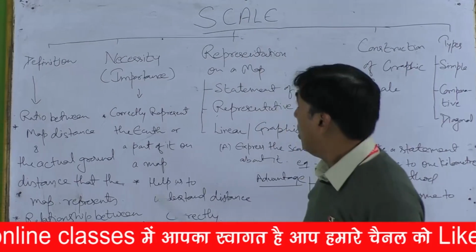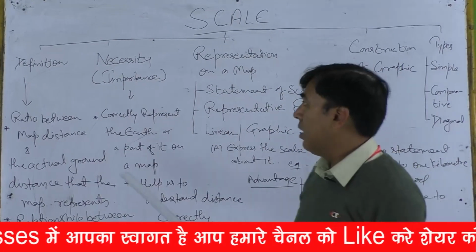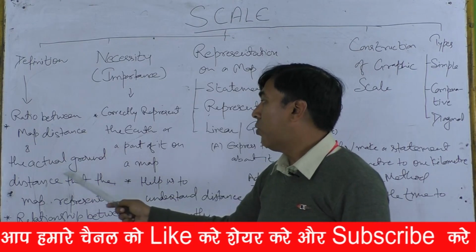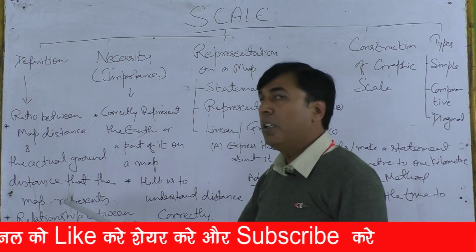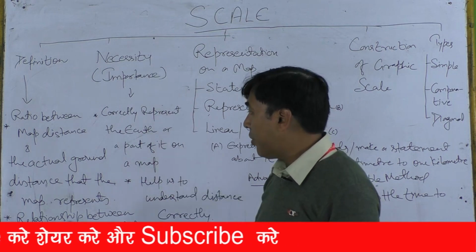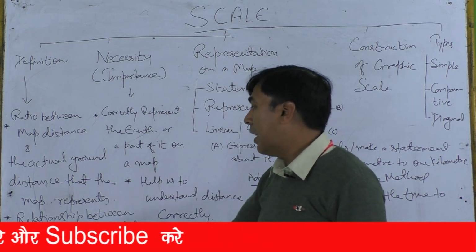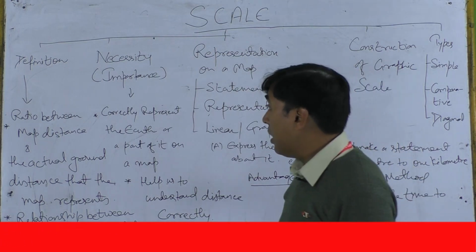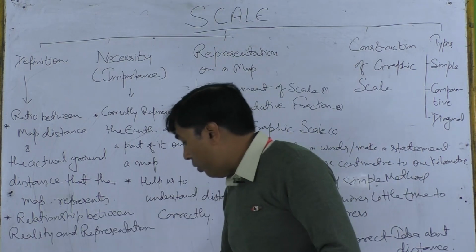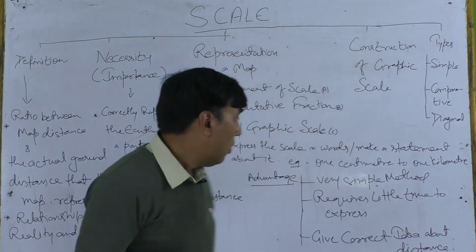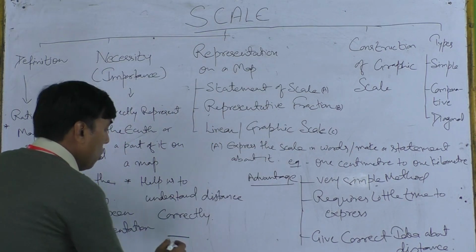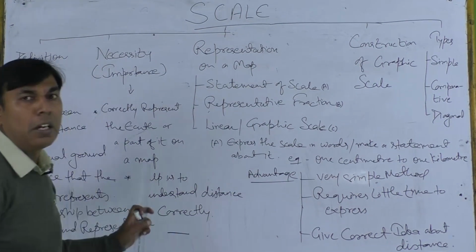From the definition: what is a scale? A scale is the ratio between map distance and the actual ground distance that the map represents. The second definition is the relationship between the reality and the representation. What does it mean? It means that a simple line on a map shows the actual distance on the ground.